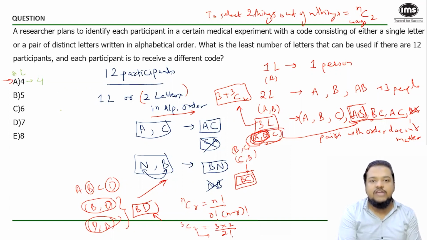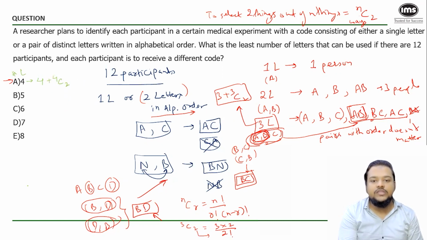If I choose A first, B later, or B first, A later, it does not matter because the end result, the code, is AB only. Hence, I have to select 2 letters out of 4 letters. That means the number of participants that I can code will be 4 plus 4C2.